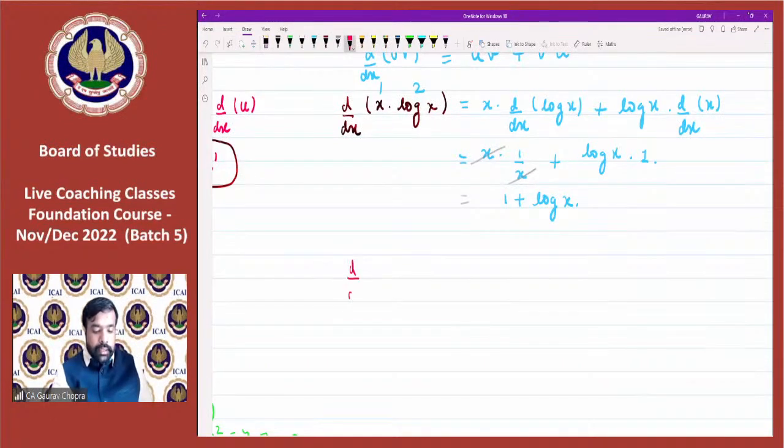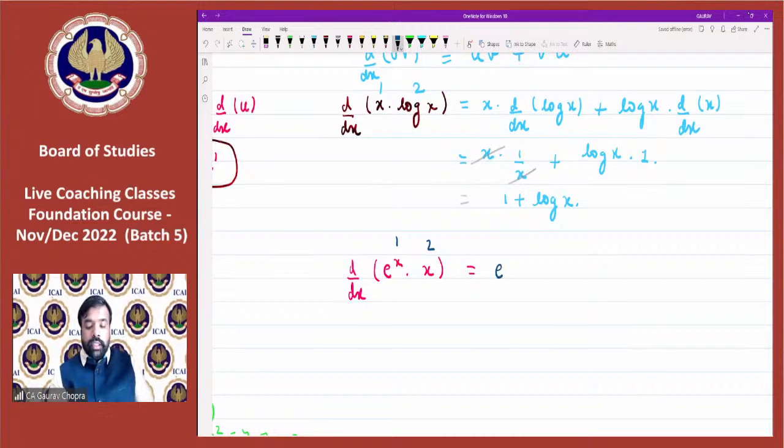d by dx of e to the power of x multiplied by x. So again, we are having two functions, first and then second. So we will write the first function as it is, then the derivative of the second function, plus the second function as it is, and then the derivative of the first function.